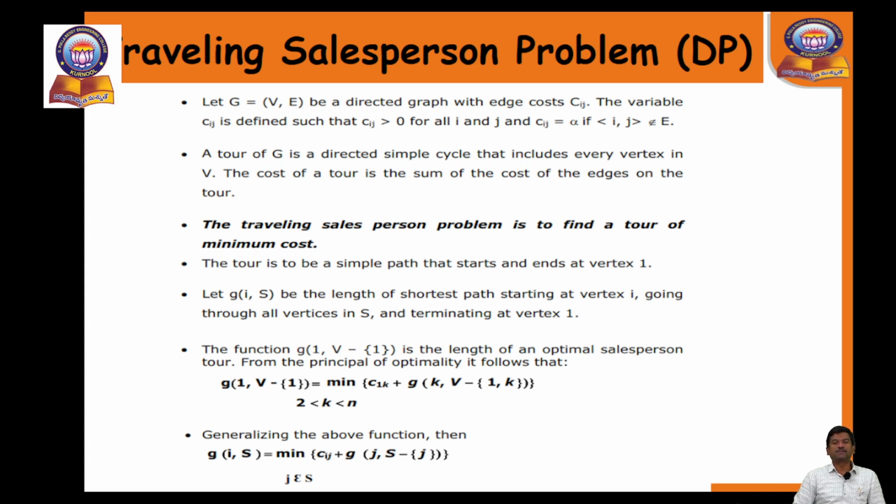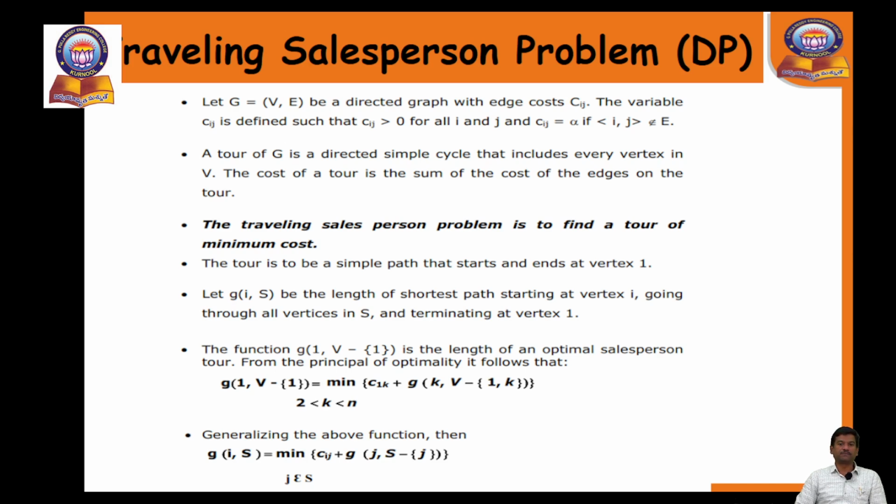The traveling salesperson problem is to find a tour of minimum cost. The tour is to be a simple path that starts and ends at vertex 1, or city 1. Let g(i, S) be the length of the shortest path starting from vertex i, going through all the vertices in S, and terminating at vertex 1.